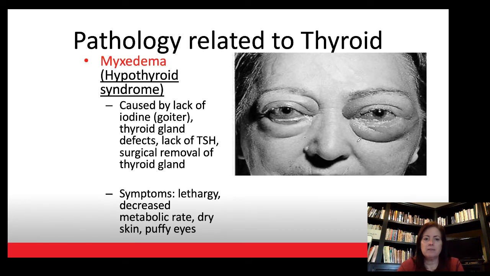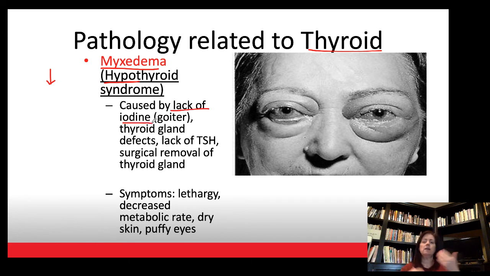There are some cases where this doesn't happen, and so there is some pathology related to the thyroid gland. One example of this is called myxedema, and this is basically hypothyroidism. So this is low thyroid hormone. What happens with this is that we can either have a lack of iodine.